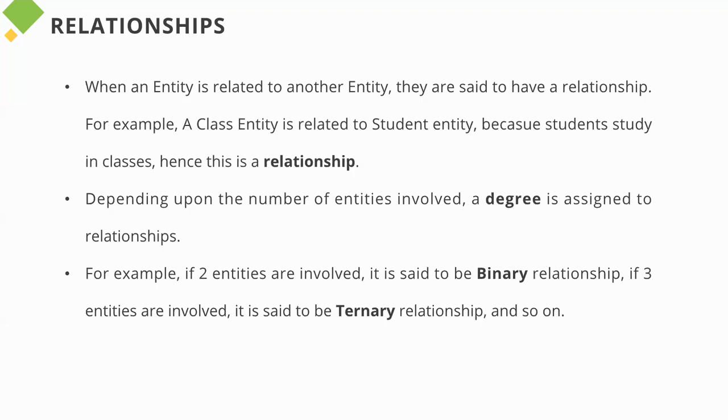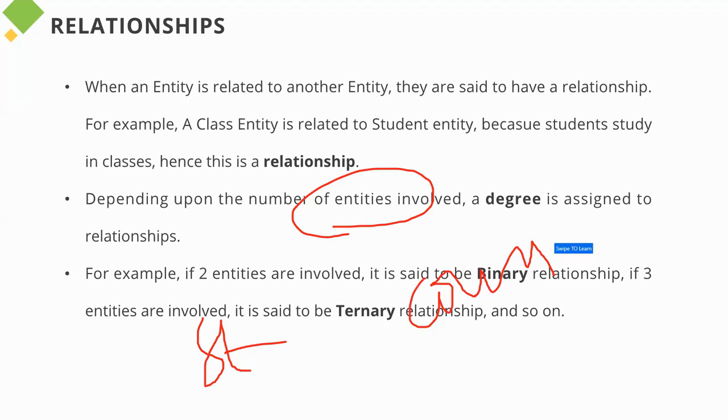And the number of entities involved. Suppose you say students study courses, a student can study n number of courses. So how many courses they are studying is called the cardinality or degree, you can call it.